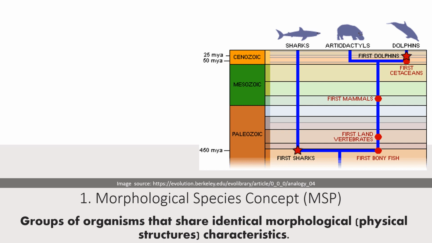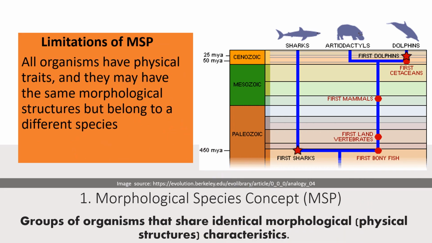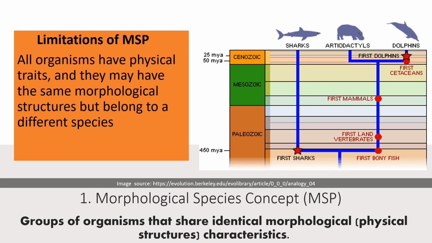Dolphins evolved flippers, a dorsal fin, and a torpedo-shaped body as natural selection shaped them for the life of an ocean predator. However, the limitation of MSC is that all organisms have physical traits, and they may have the same morphological structures but belong to different species.